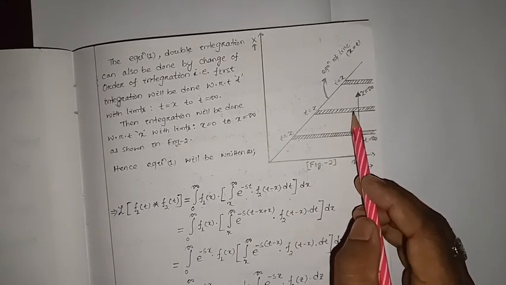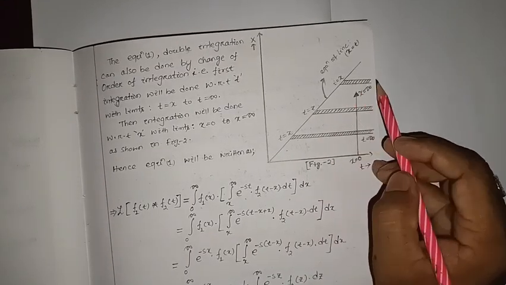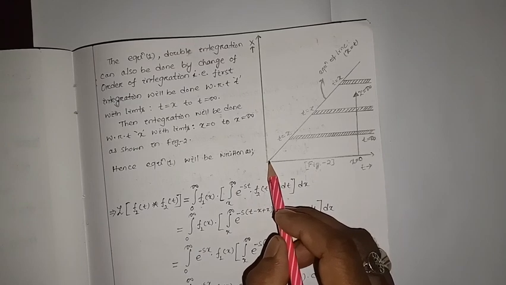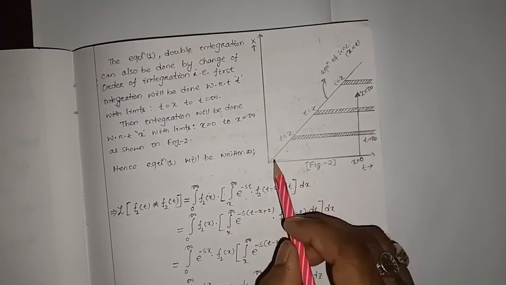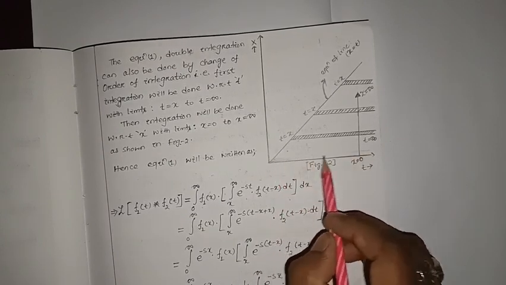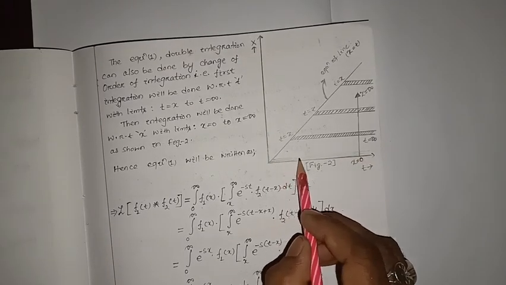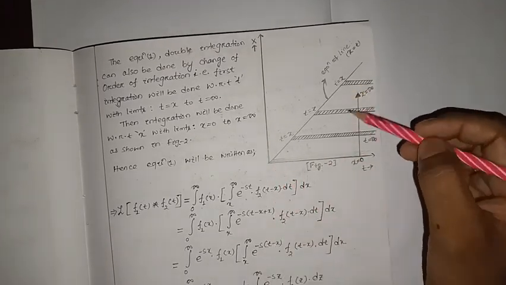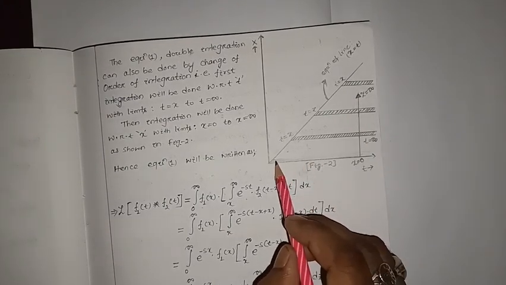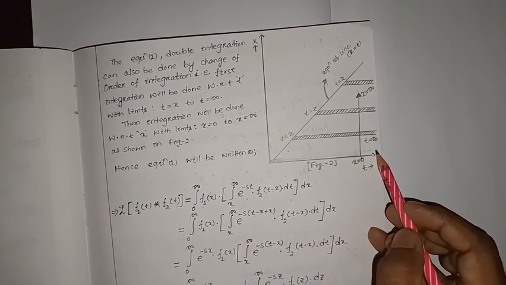If I consider a strip here, I am drawing it for explaining. You should not draw this in your notes. Note, only 3 strips you have to draw. So if you consider this strip, t changes from x to infinity.